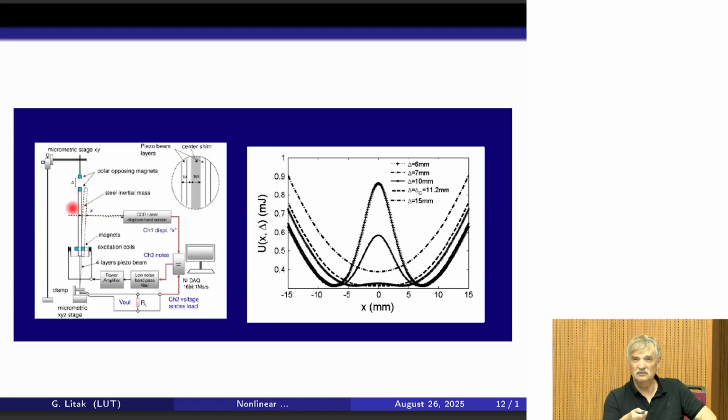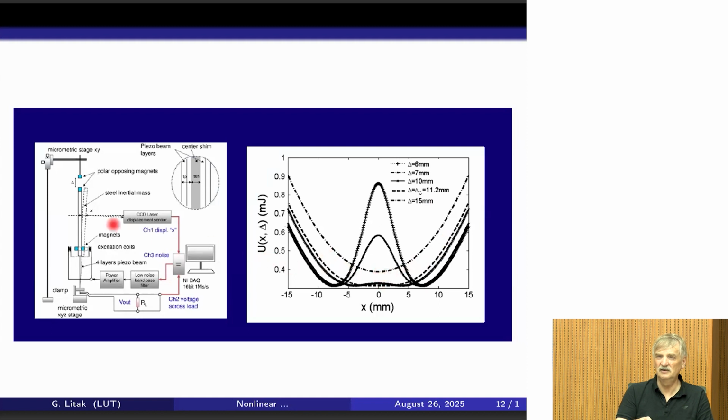So you could see that there is also a left and right stable position, and if the gap between the magnets is large, then there was no effect. So practically no effect, and you have some parabolic shape of the potential with a single equilibrium point.